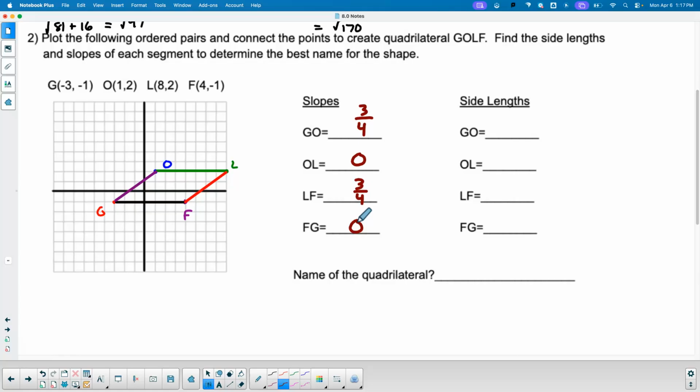Yes? GO has a slope of 3/4. OL has a slope of 0. LF has a slope of 3/4. And FG has a slope of 0. Yes? Okay. So did we have opposite sides parallel now? Yep. Okay. What's another characteristic of a parallelogram?